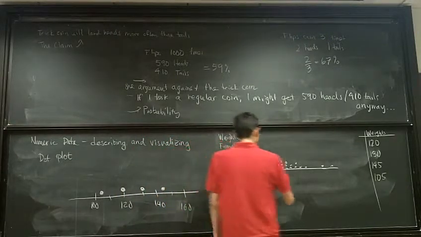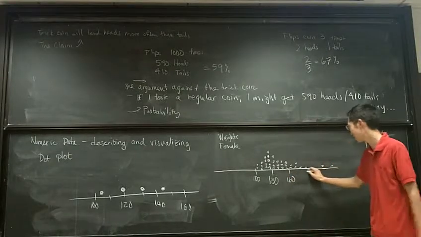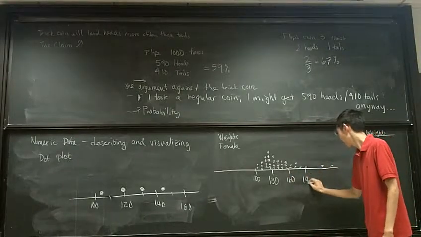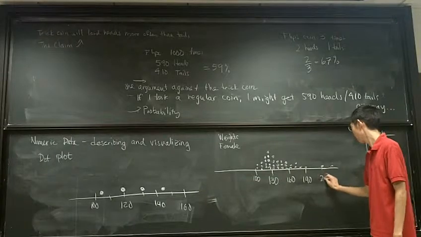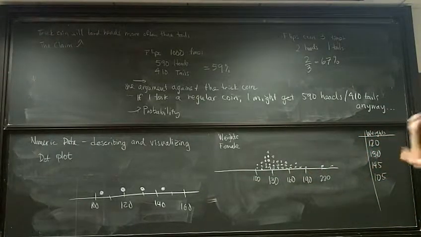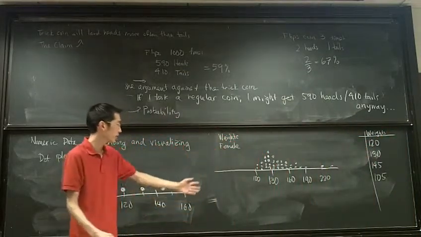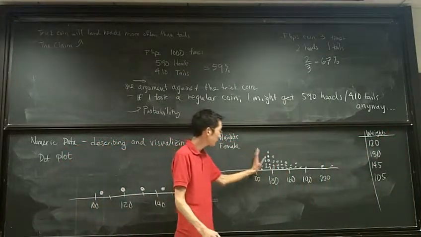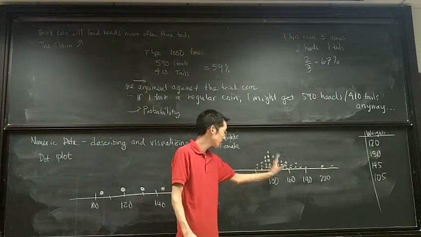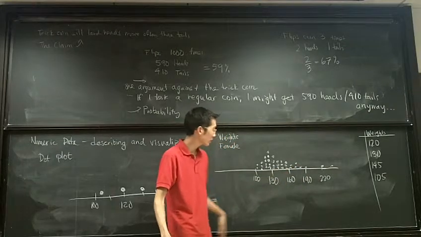All right. So this is according to our scale, and this just shows us that a lot of people are in the 100 to 160 range, and we've got some people between 160 and 190.